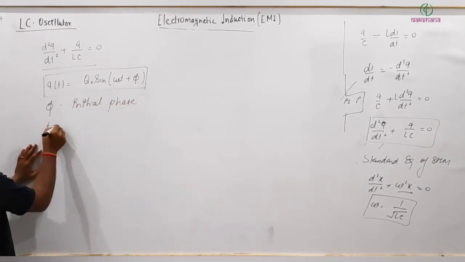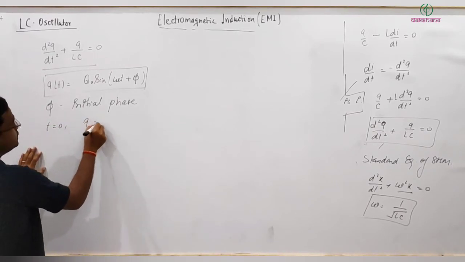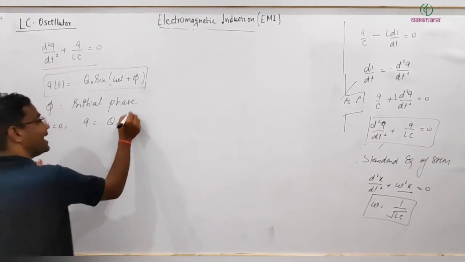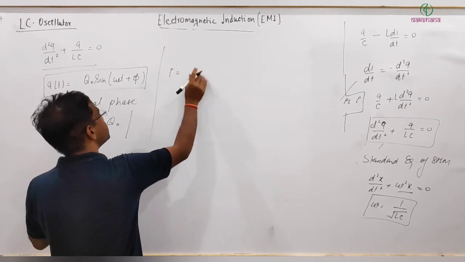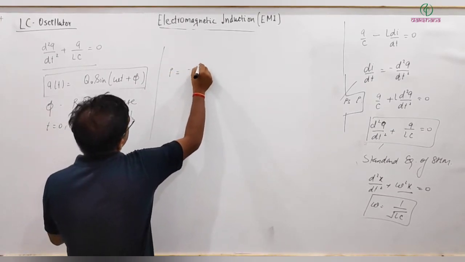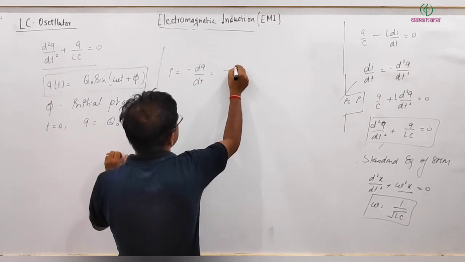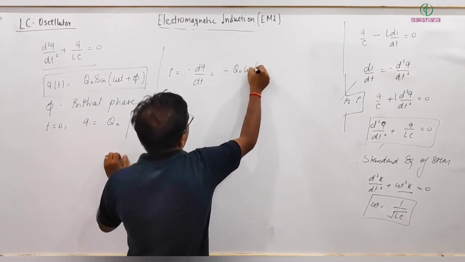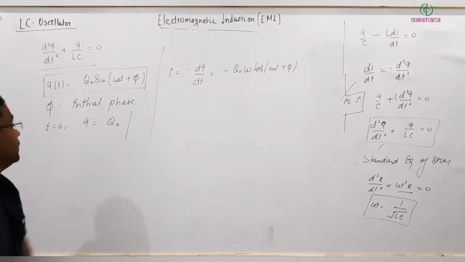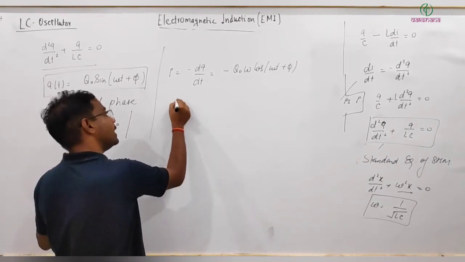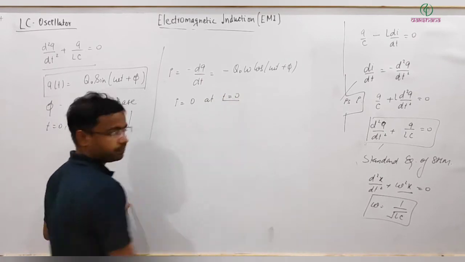We know at t equal to 0, q is equal to q0, and if I differentiate this, then I get I, which is minus dq by dt, and this comes out to be minus q0 omega cos of omega t plus phi. So I have the condition I equal to 0 at t equal to 0. Clear?